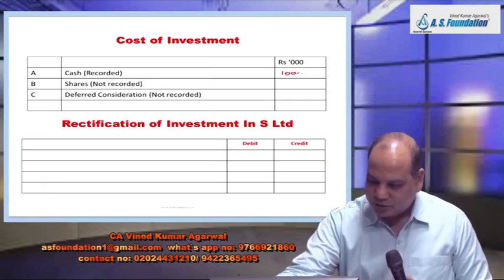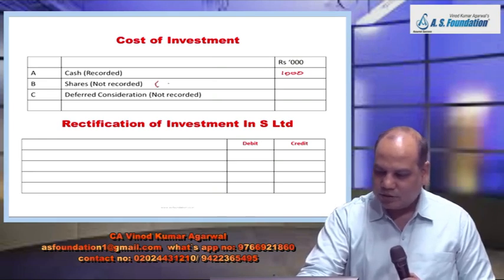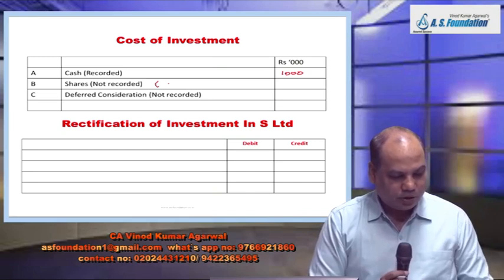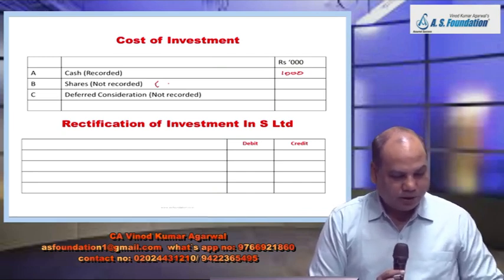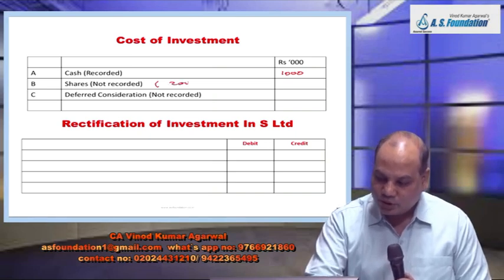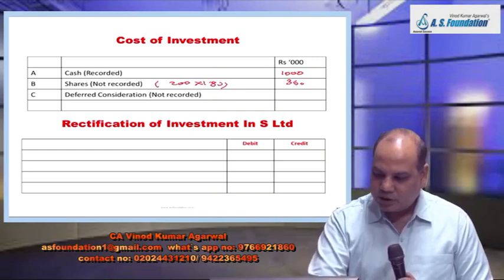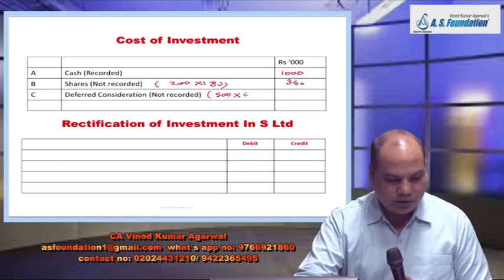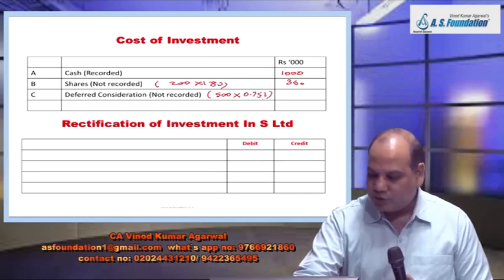Shares not recorded. Now we'll record. How many shares were issued? 200,000 multiplied by 1.8. 200 into 1.8. 360. And deferred consideration 500 into, they have given the factor 0.751.